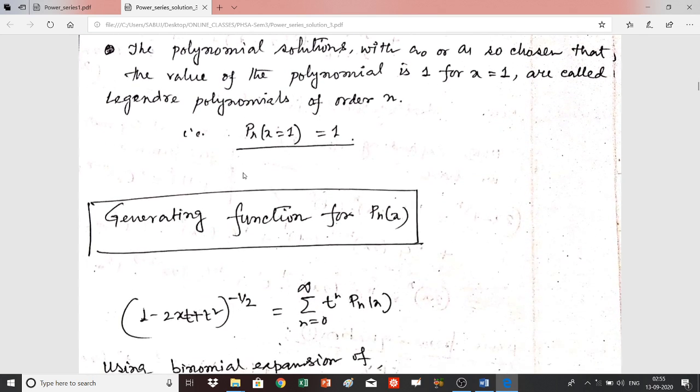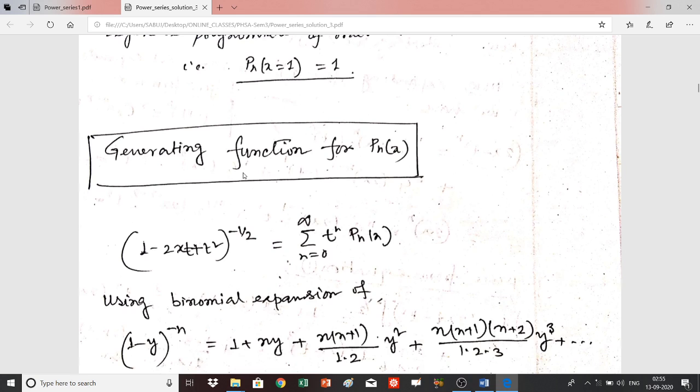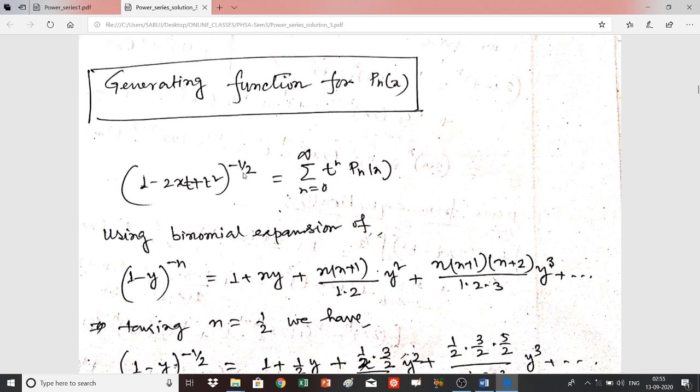However, now we come to another topic, which is the generating function of Pn(x). The term (1 minus 2xt plus t squared) to the power minus half is written as the sum from n equal to 0 to infinity of t^n Pn(x), and this term is called the generating function for Pn(x), because you can compute the solution of Legendre differential equation with this function.